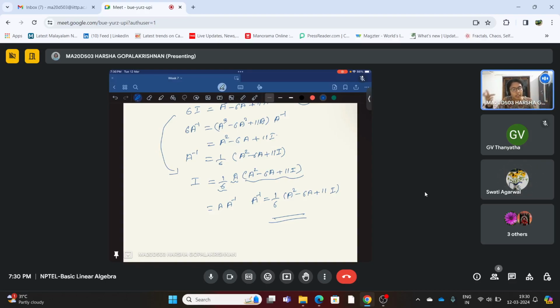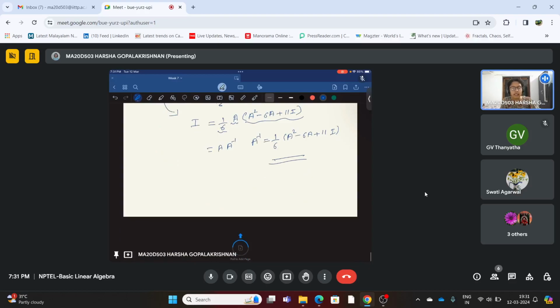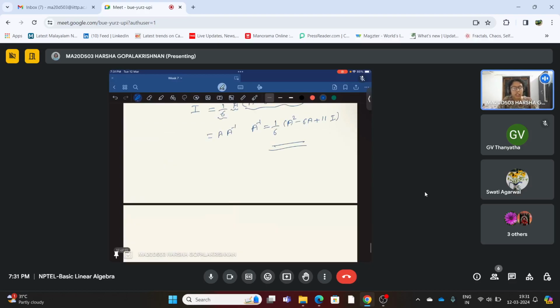So in that case, finding A inverse is much easier. So these are the applications we can use in very complicated calculations.